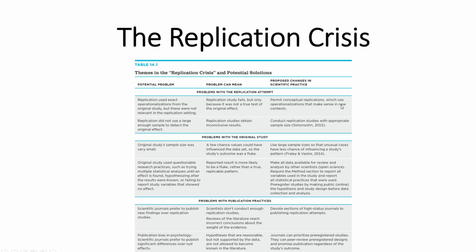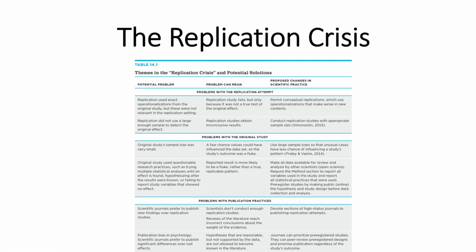So in order to look at that, you have to critically think about what was being replicated, and was it specific to the original population, and is the replication population close enough to have worked? You can also have the issue where the replication didn't use a large enough sample.